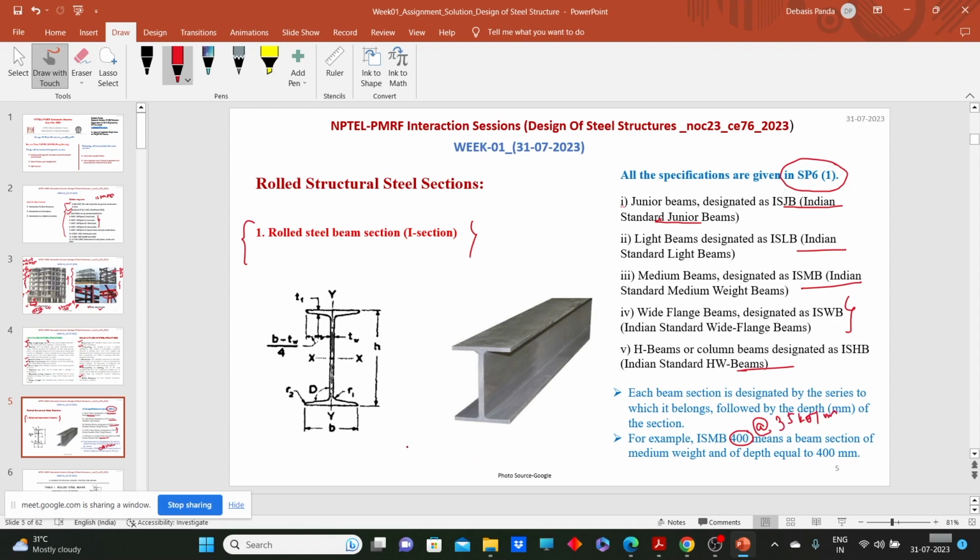So ISMB 400 means it's an Indian Standard Medium weight beam section whose depth is 400 mm. Likewise, if we have, say for example, ISHB 500, that means it's an Indian Standard Heavyweight beam section whose depth is 500 mm.